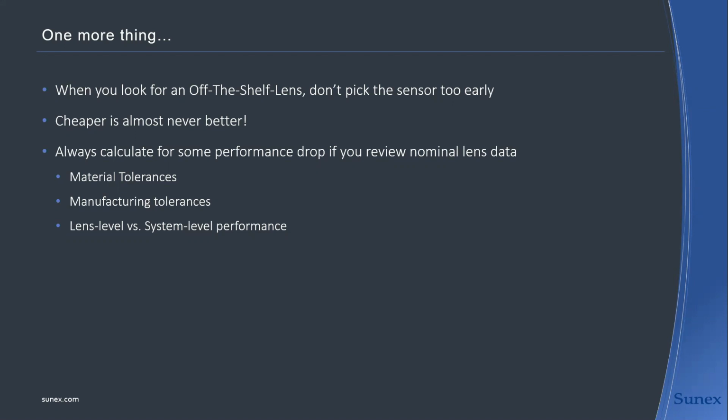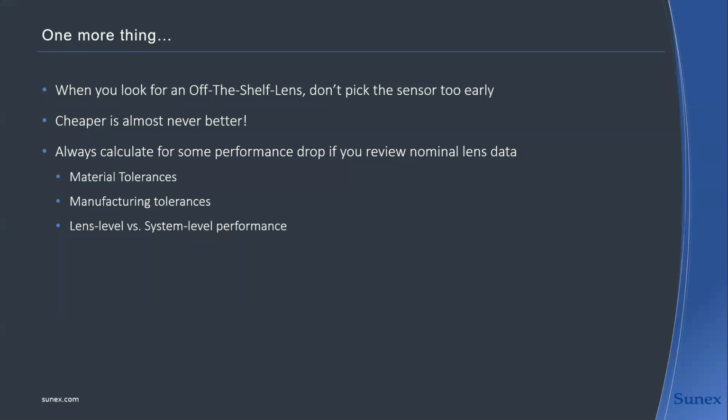You always get some performance degradation in manufacture, and some specifications are more affected than others. Some characteristics like relative illumination and distortion don't actually change very much from the design to the production, and you can generally rely on them being pretty close to the design value.